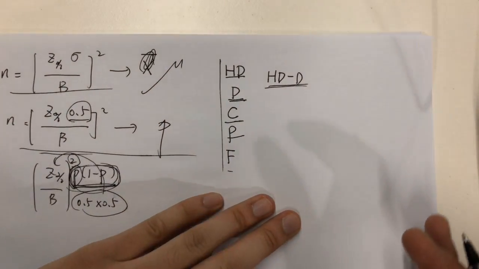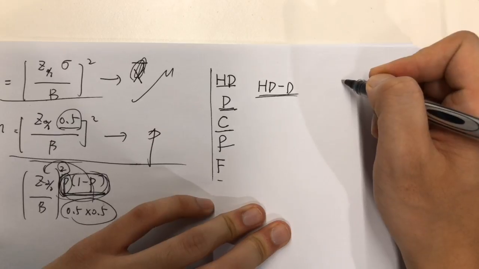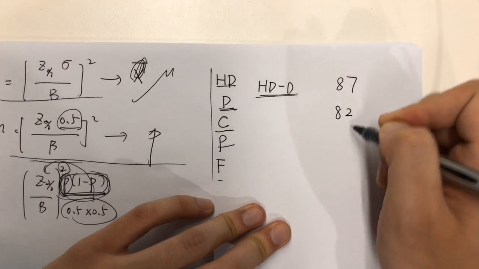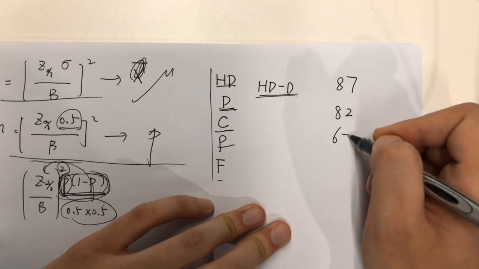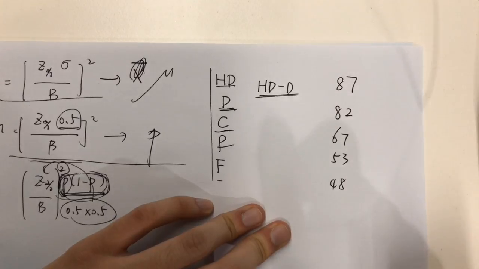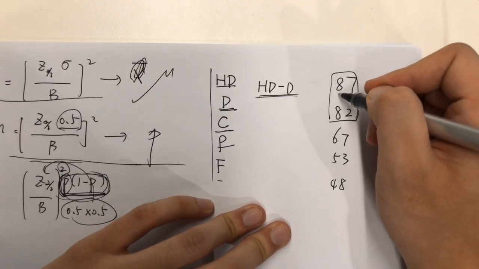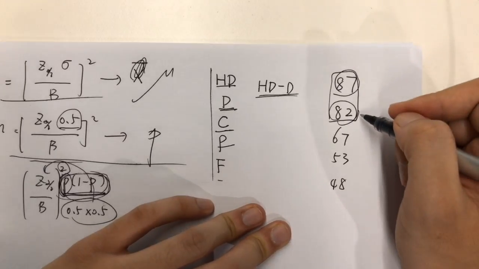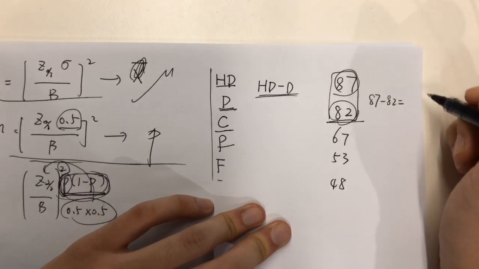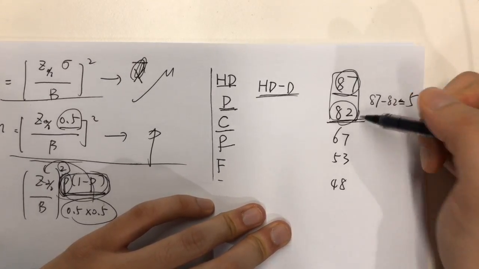But if it's an interval scale, it is marks like 87 and 82, and the credit, let's say 67 and 53 and 48. Now you will know the difference makes sense, right? So we know this student is 5 marks higher than this student. So 87 minus 82 makes sense. It's 5 marks. So we know this student got 5 more marks.